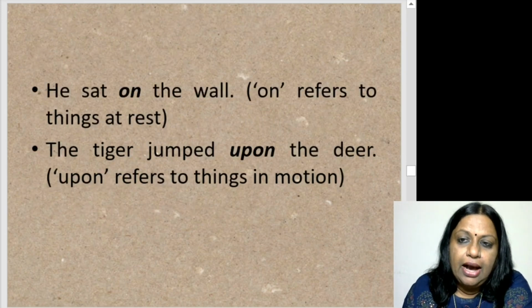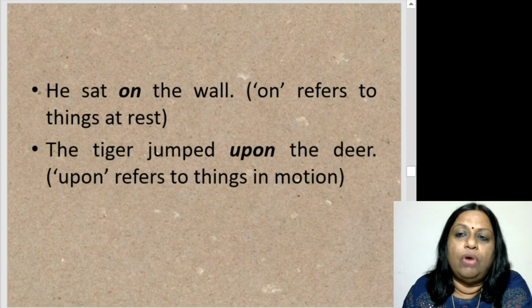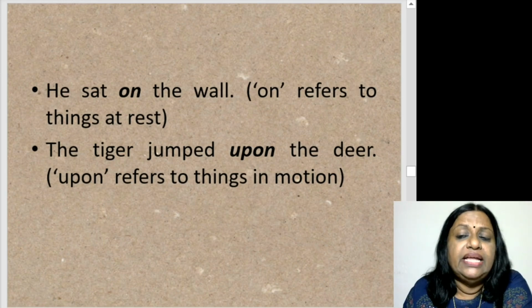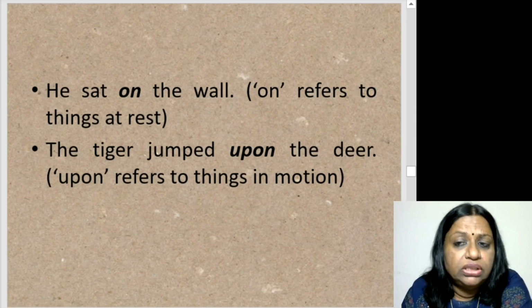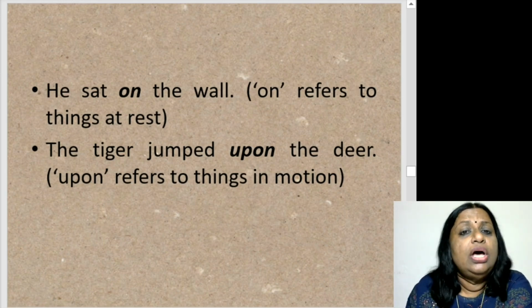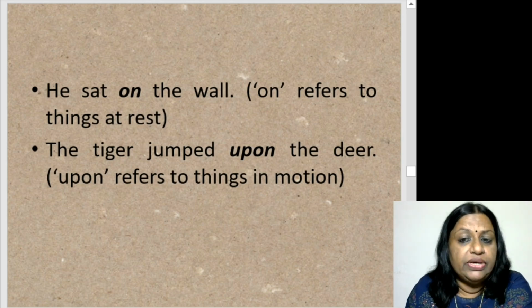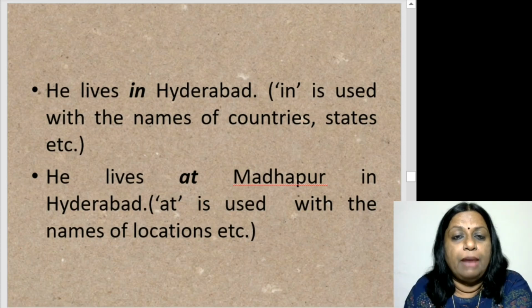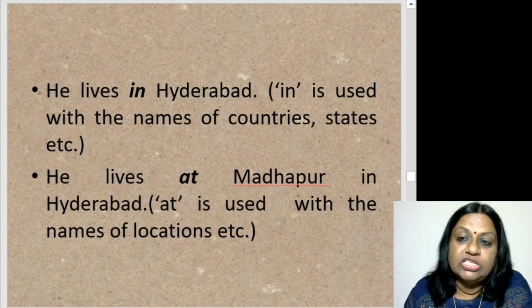He sat on the wall. On also refers to things at rest. But the tiger jumped upon the deer. Upon refers to things in motion. People tend to interchange these, but there is a subtle meaning that we must be aware of.